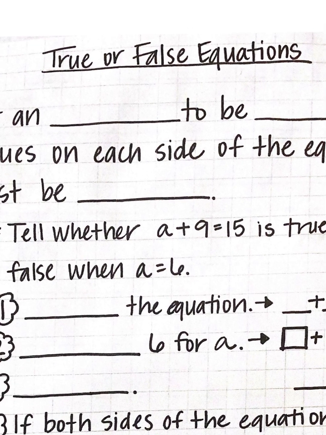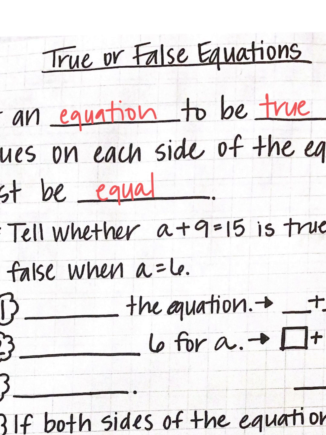Okay, for an equation to be true, the values on each side of the equation must be equal. Or true, yeah. But we're describing what makes it true, so we can't say true because it's like using a definition. The definition of true is when something is true. You have to think of another way to say it, so that's why I said equal. But true could work too.